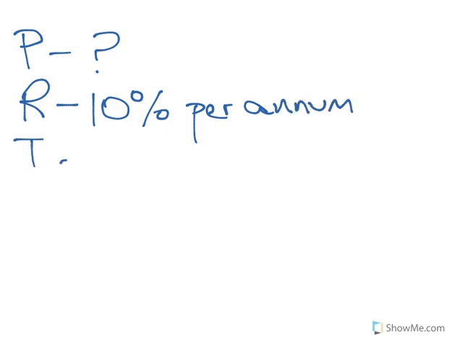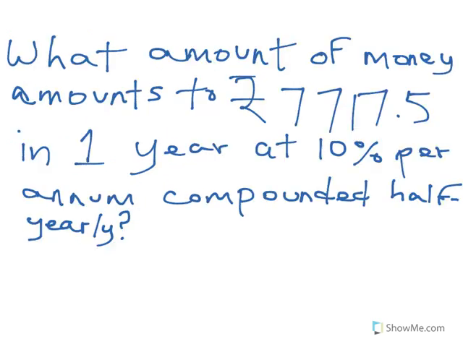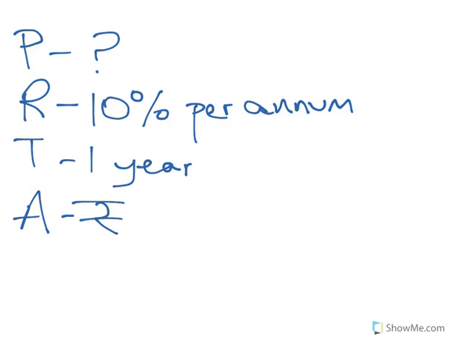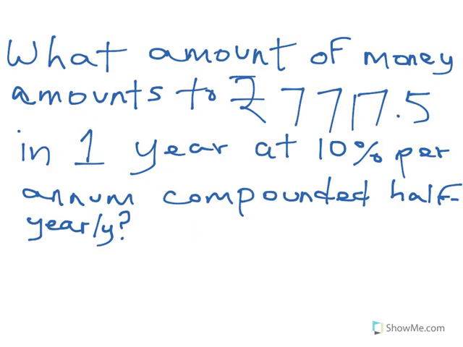My time is 1 year, and my amount is rupees 7717.5. Remember, you have to add a 0 so that it's 2 decimals because it's money. Okay, so I think that's what we know.